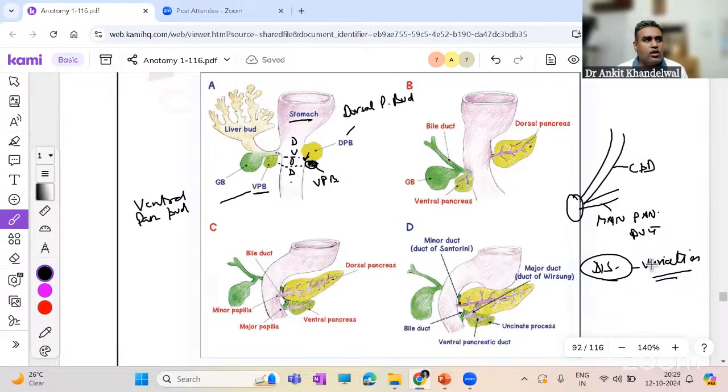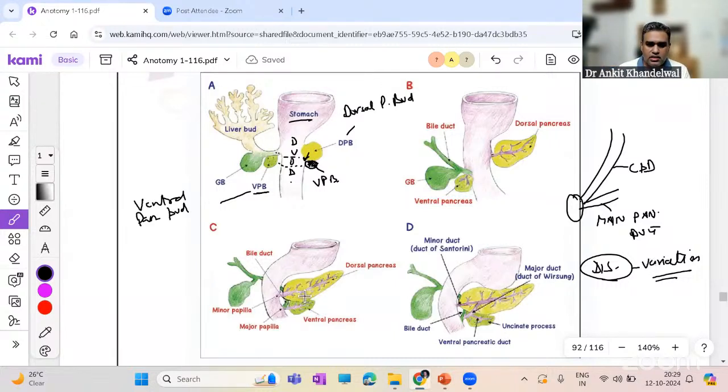Normally it is said that alcoholic patients and patients who have gallbladder stones are the two most common causes of pancreatitis. But there are patients who don't have any history of alcohol or gallbladder stones, but they might have some congenital variations. So diseases are directly linked to variations.